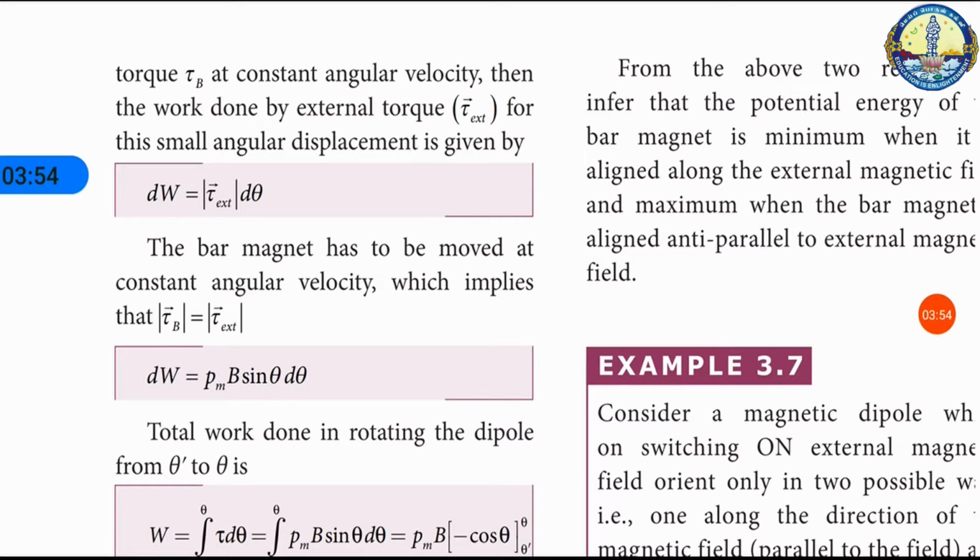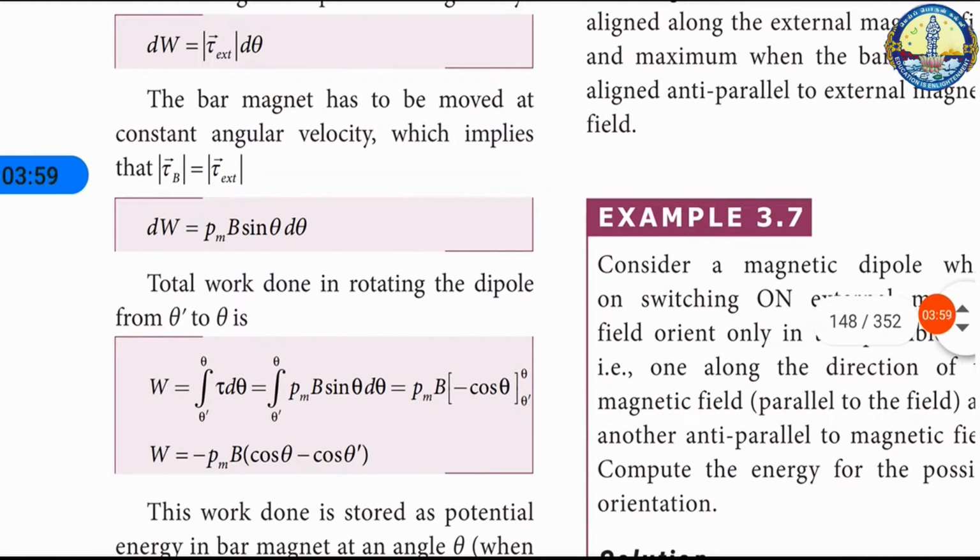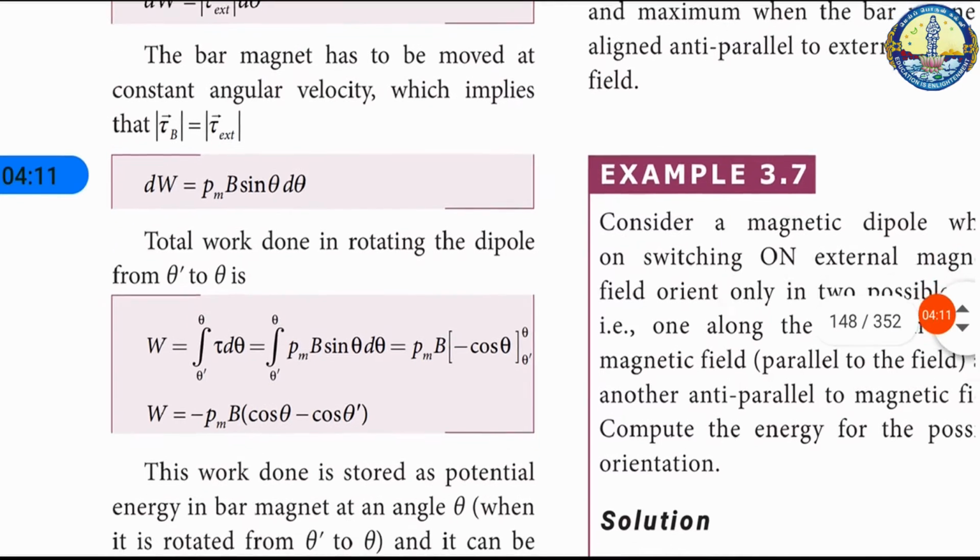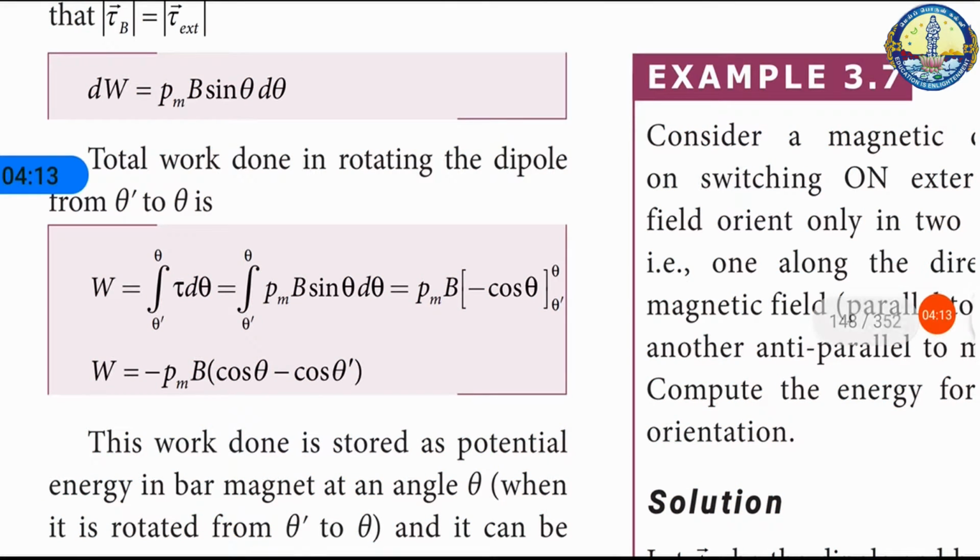Now we have found the work done. The same work done we mention as the potential energy of the bar magnet at an angle theta. So W is replaced by U, that is potential energy. In fact, this equation gives the difference in potential energy between the angular positions theta dash and theta.